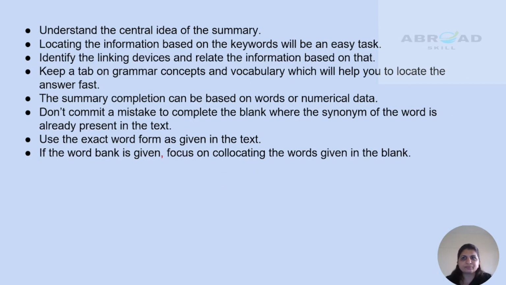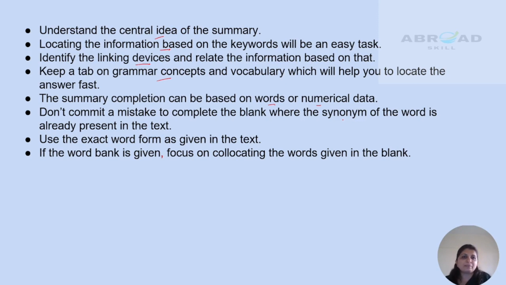Fair enough? So here you need to understand the central idea, locate the information based on the keywords, keep a tab on the linking devices that will help you to understand the answers, keep a tab on the grammar concepts as well, as in what the vocabulary is about, and based on the words and the numerical data, you will be able to identify the correct answer.